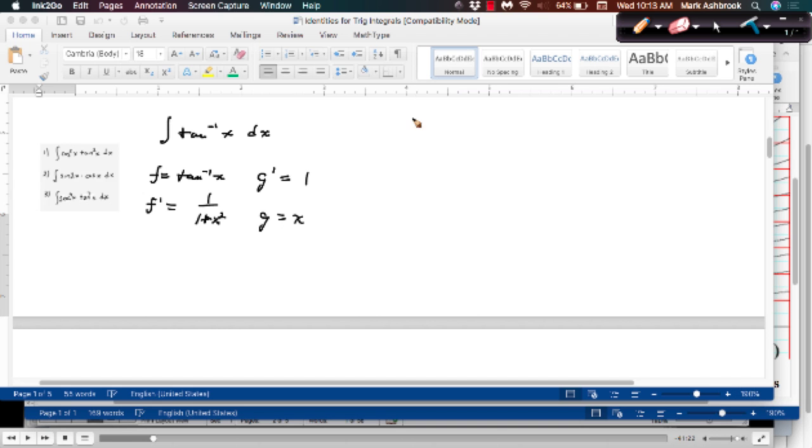All right, and then we got fg equals answer minus integral g f prime. So answer is f times g is? Good.